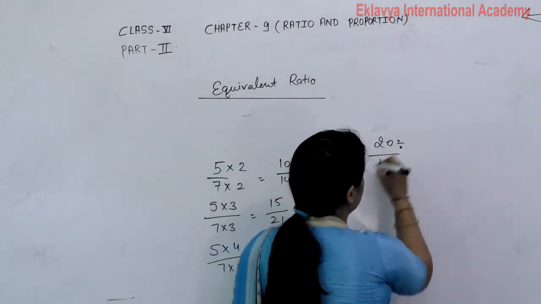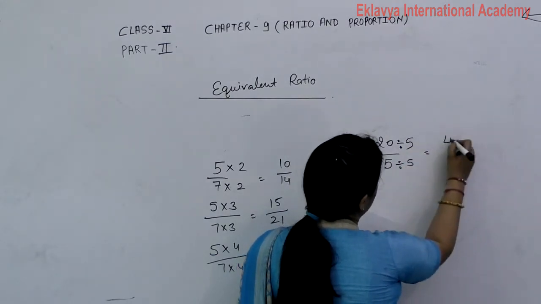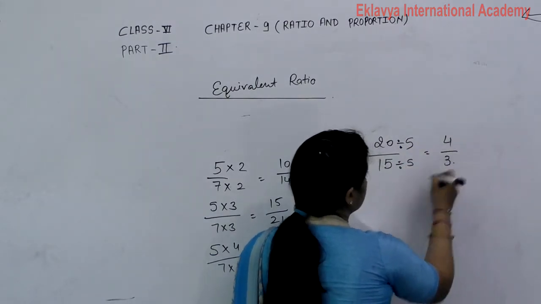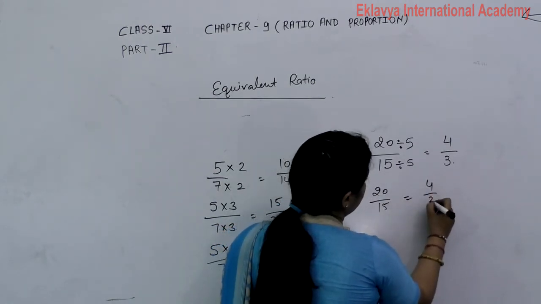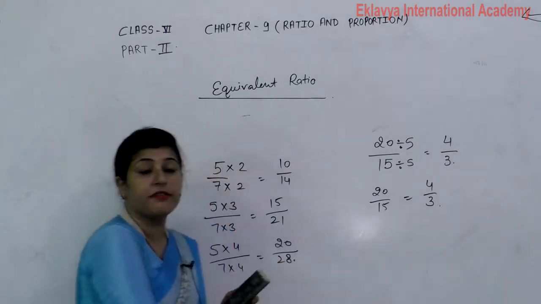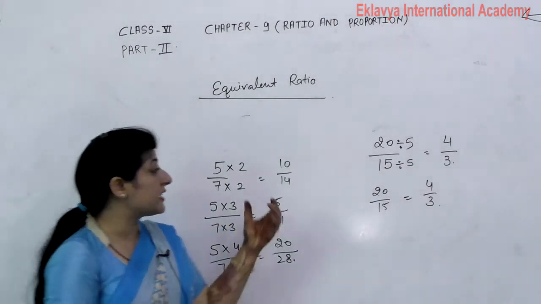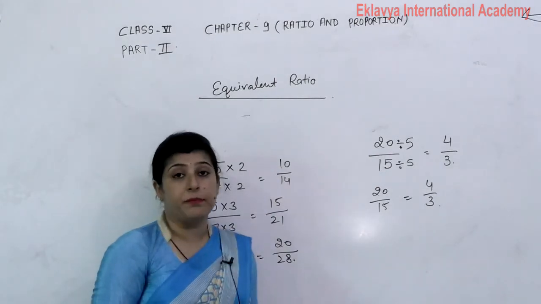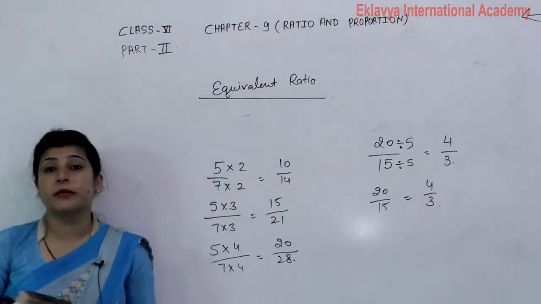If I divide both by 5, then it becomes 4/3. So is 20/15 an equivalent ratio of 4/3 or not? Equivalent ratios are ratios which become the same when you find them in simplest form.